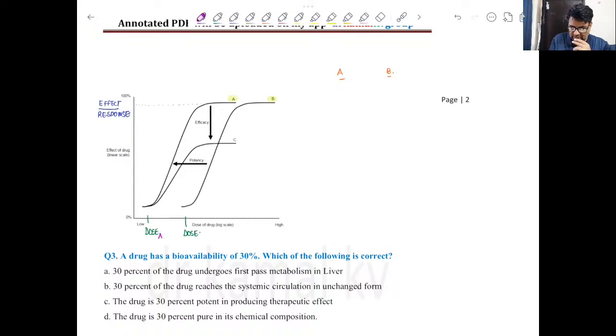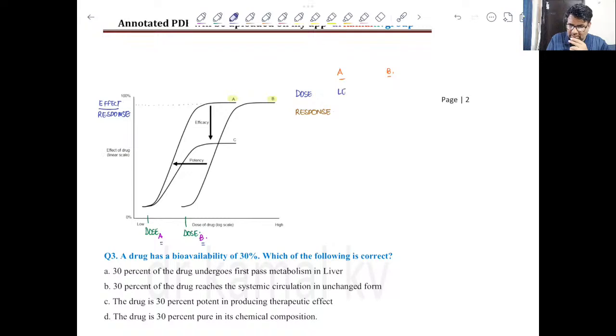So this is dose A, this is dose B. Now what can we discuss about A and B? The dose of A is less than the dose of B, right?